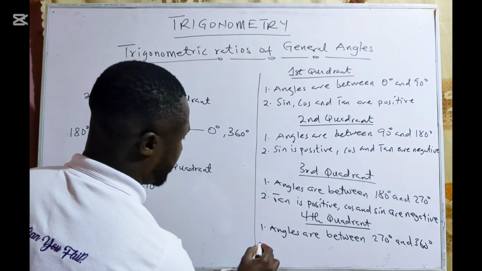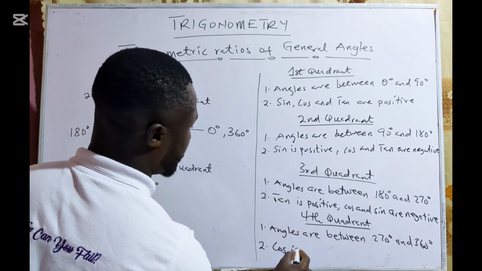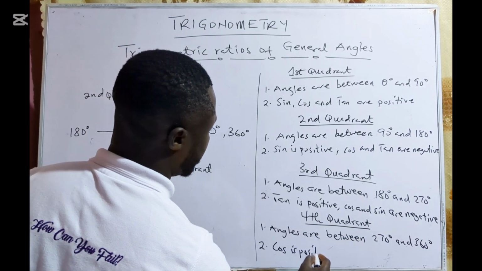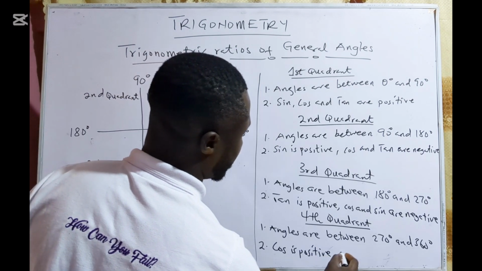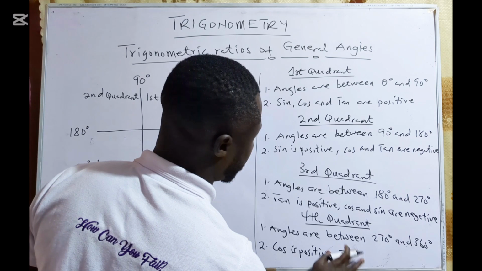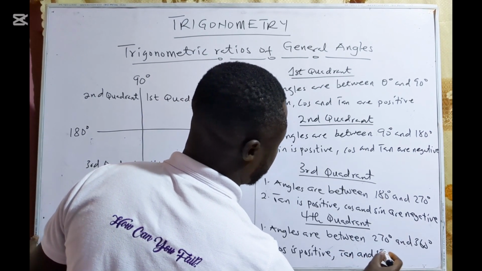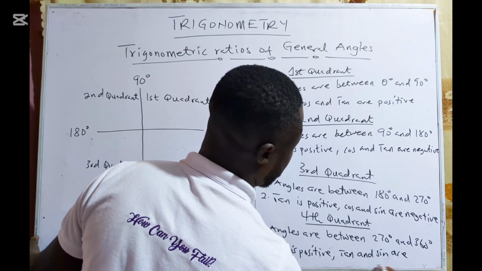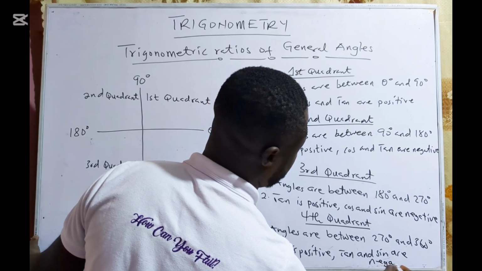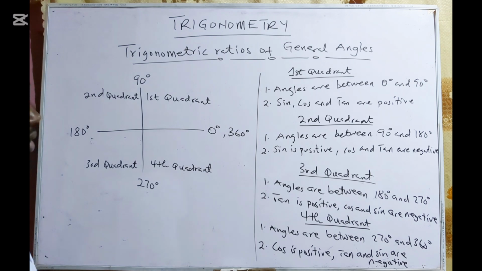Alright. Number 2. What is left? Cos. Cos is positive. Tan and sine are negative. Tan and sine are negative.